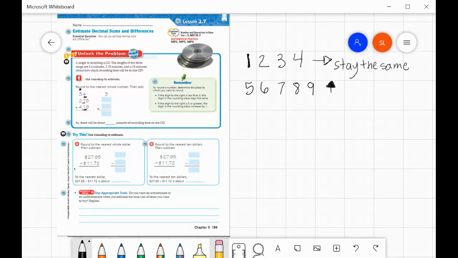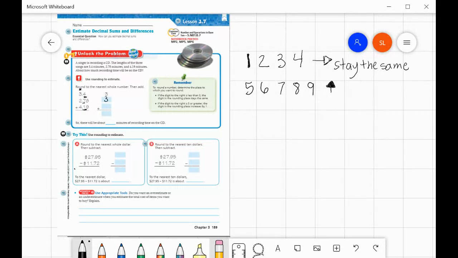All right? So 3.4. We look at the 4 in the tenths column, and that is going to tell us that the 3 stays the same. So as you can see, they've written a 3 there. When we go down to look at 2.78, we look at the 7, and that 7 is greater than 5. So this will round up to 3.